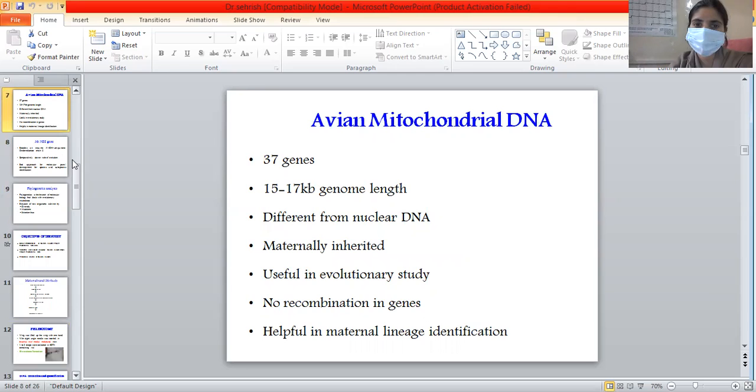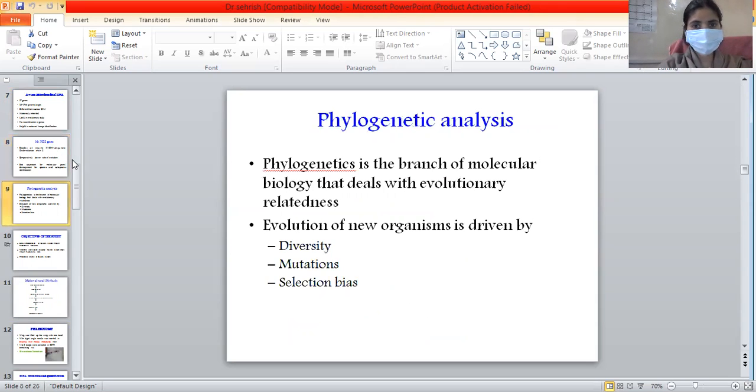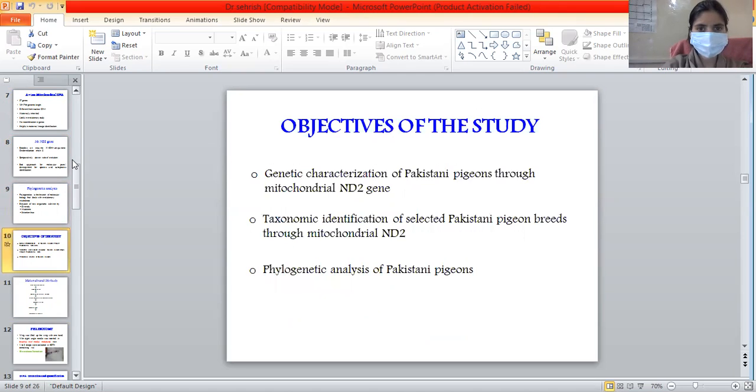As mentioned, there are 37 genes, and among them the ND2 mitochondrial gene is very important, involved in encoding the enzyme NADH ubiquinone oxidoreductase chain 2. This is a little more conserved region as compared to the D-loop, cytochrome B, and CO1, and that's why it has been used for identification of markers at the species, subspecies and breed level, and again for phylogenetic analysis.